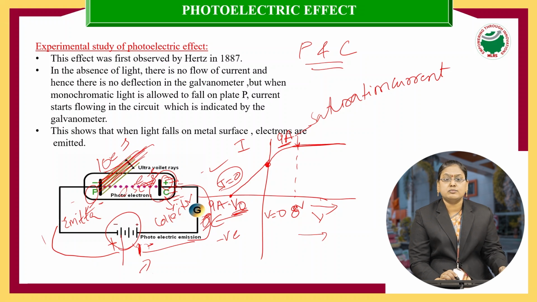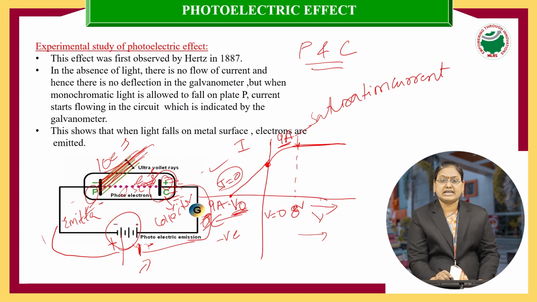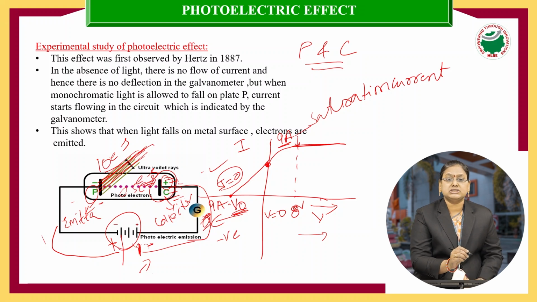That means the voltage we apply in the opposite direction to stop the most energetic electron, or to make the kinetic energy of the electron 0, is known as stopping potential.